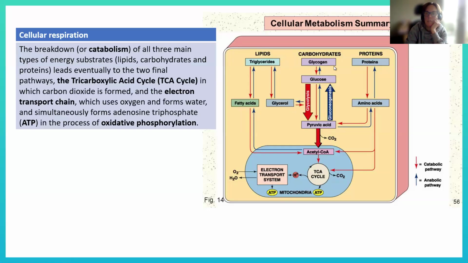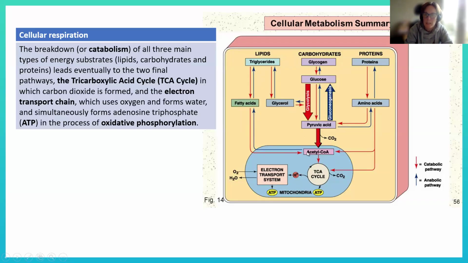Then there are various processes that can convert these things into pyruvic acid, which is quite an important molecule because it can get converted into something called acetyl-CoA. Again, loads of names, but just think of these as important molecules. Lipids can get converted directly into acetyl-CoA, so can proteins.